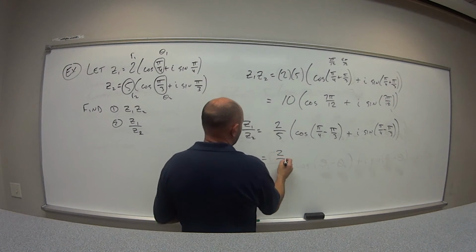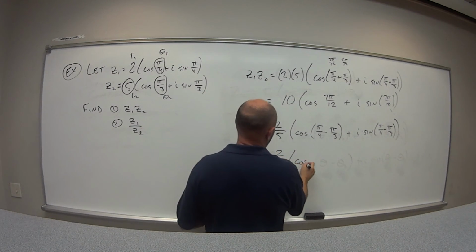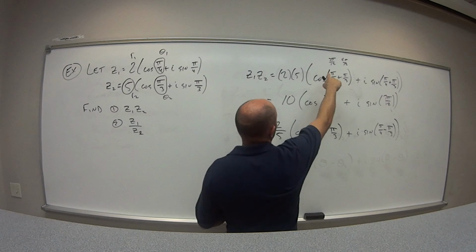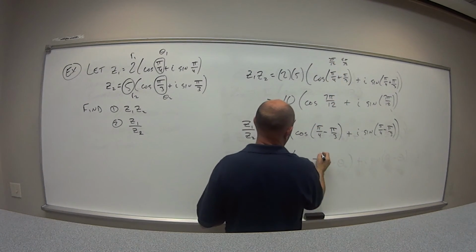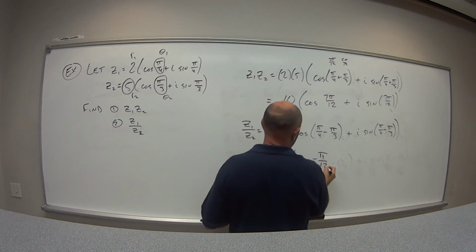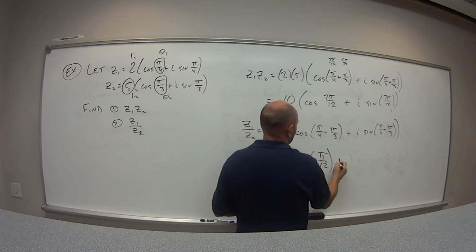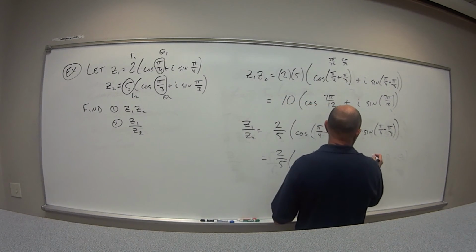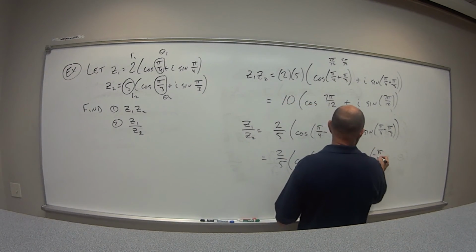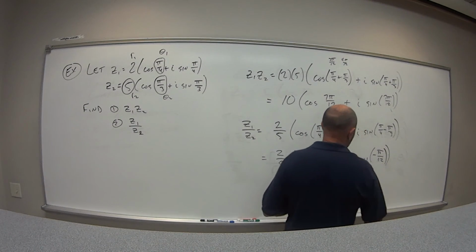So we get 2/5 times cosine. 3 pi over 12 minus 4 pi over 12 is minus pi over 12, plus I sine of minus pi over 12.